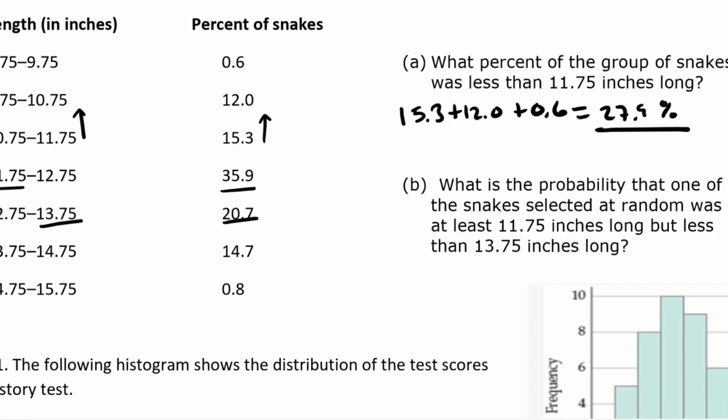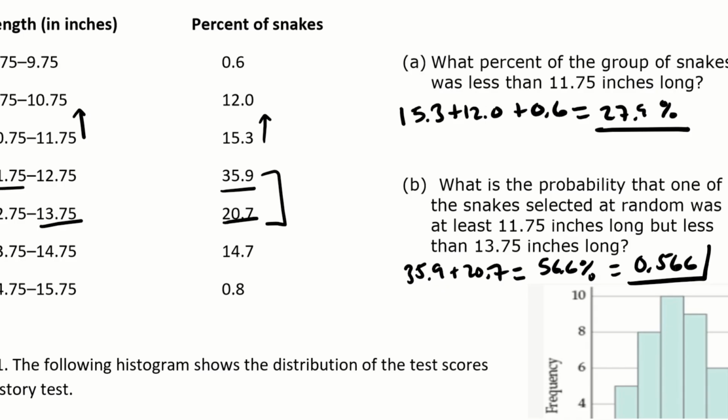All right, so it's 35.9 plus 20.7 is 56.6%, and then we want to convert it to a decimal, so it's 0.566. Just move the decimal place to the left twice. All right, there you go.